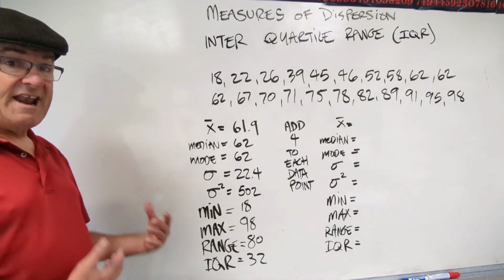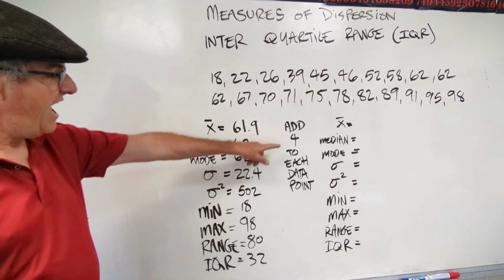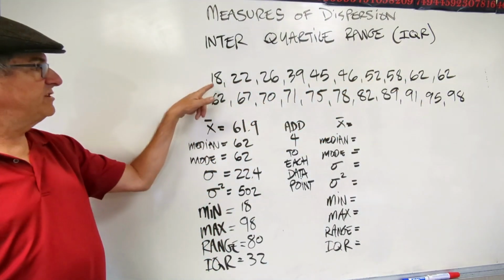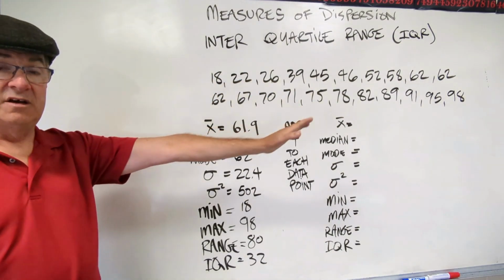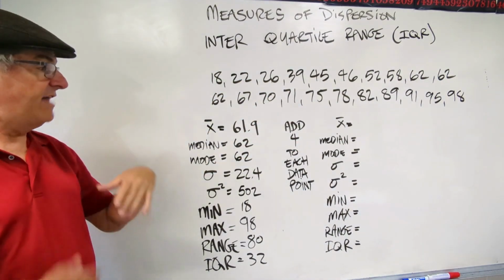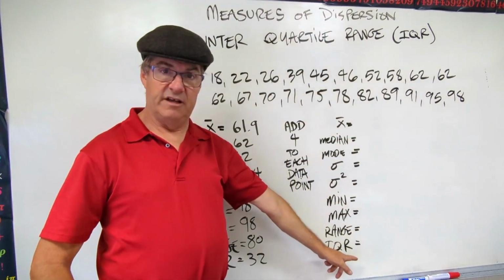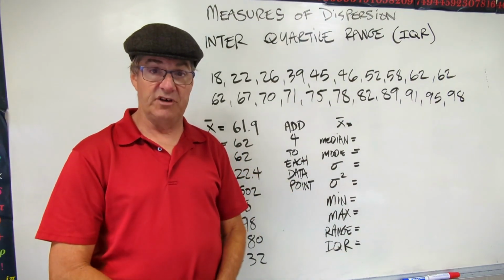Okay, so now what I want you to do in your calculator is add 4 to each of the data points. So this one's going to become 22, this becomes 26, this becomes 30, and so on. So do that in your calculator, and then recalculate all of these values and write them down in the spot there. So go ahead and do that, and then come back and we'll see what you got.